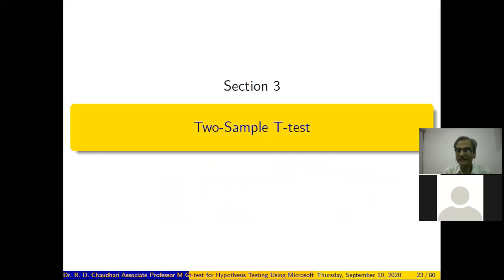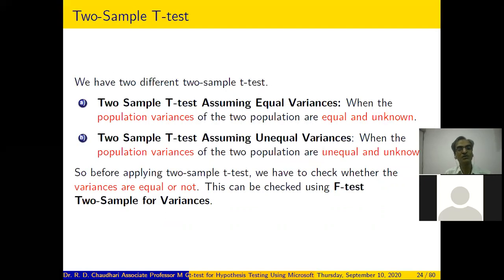Okay, now the second example is about a two sample t-test. In two sample t-test, we have two different types: two sample t-test assuming equal variances and two sample t-test assuming unequal variances.